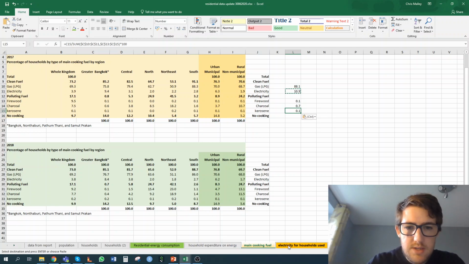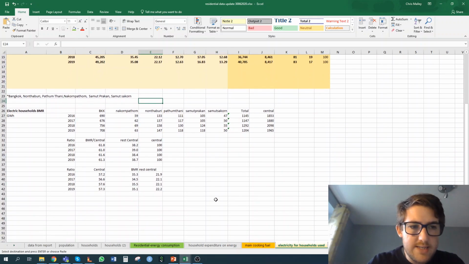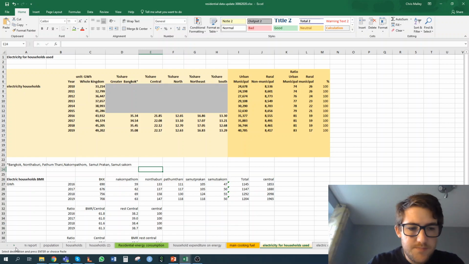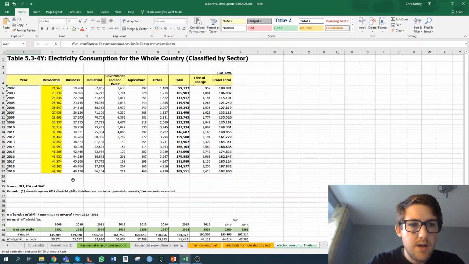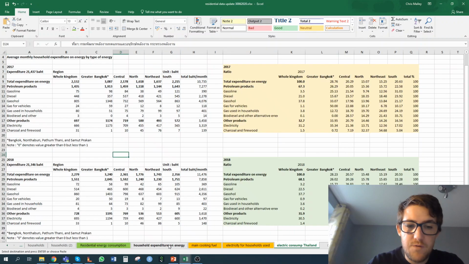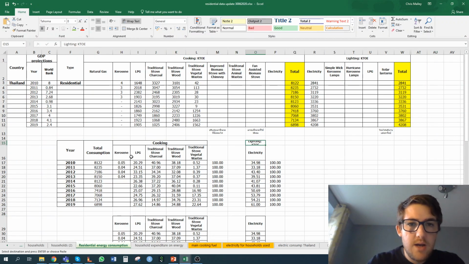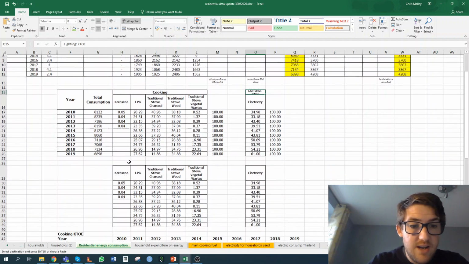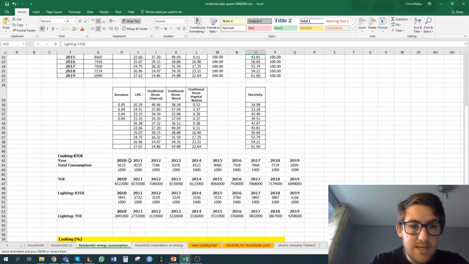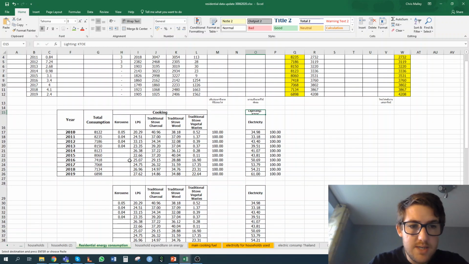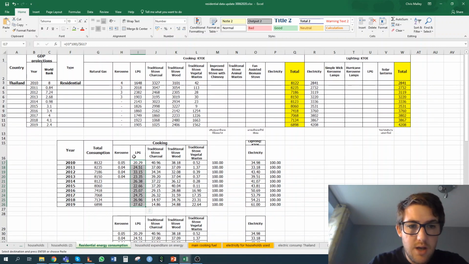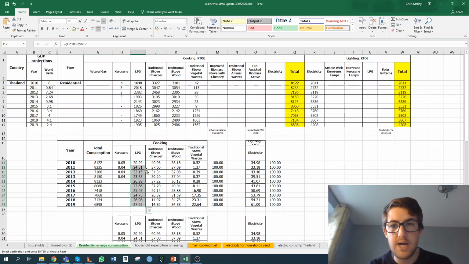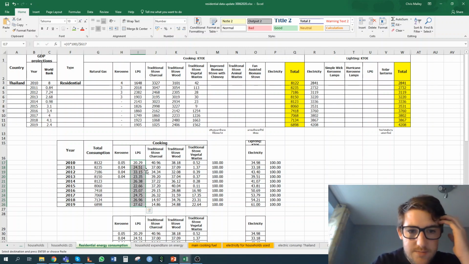So I don't know that that data is readily available. We have data on the total electricity consumption, but it's not split into different types of fuels. We have here the electricity consumption, the LPG consumption for the total for the whole of Thailand, and that could be okay.